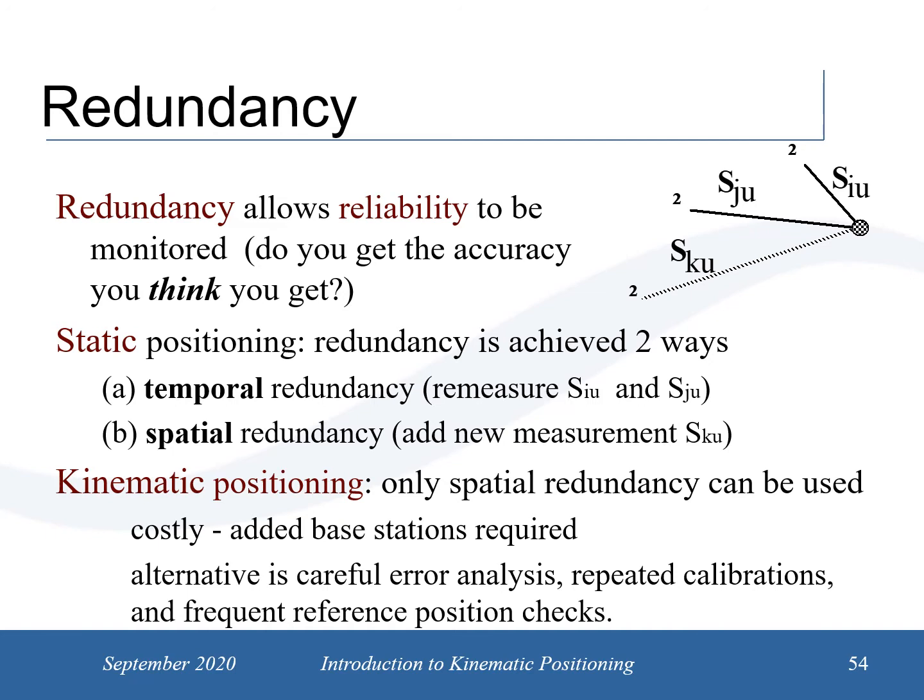What is redundancy? Well, we have defined redundancy. Redundancy allows reliability to be monitored, because we may have several measurements or several estimates, and they can be compared with each other.